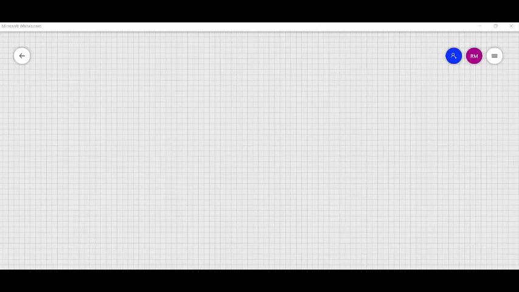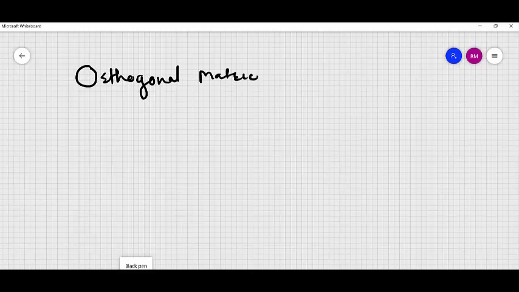First of all, I would like to say this topic is very easy and interesting. So let us start from definition. Orthogonal matrix.